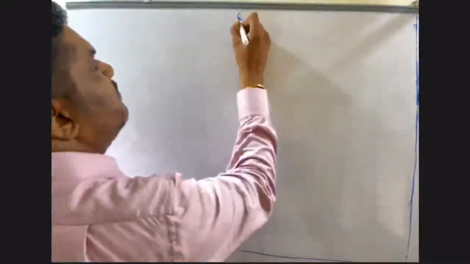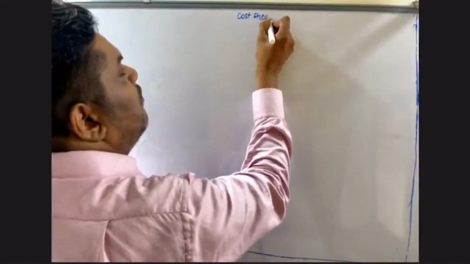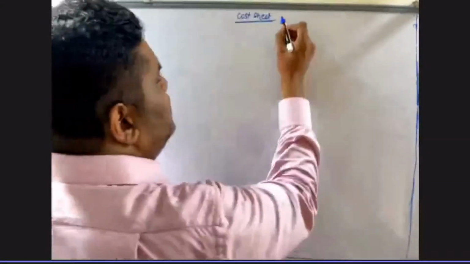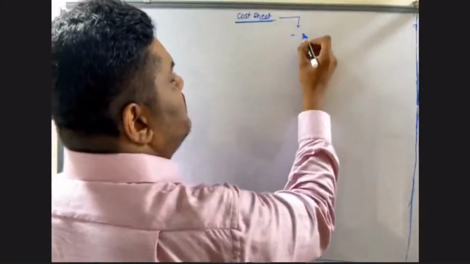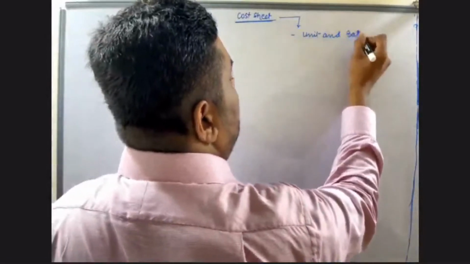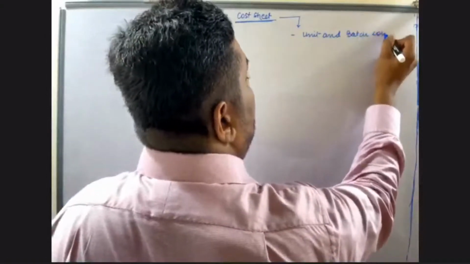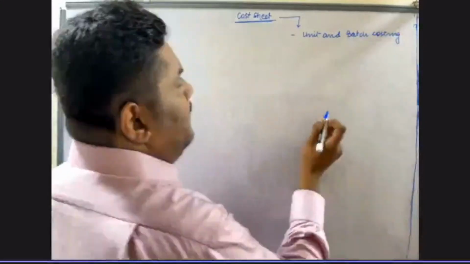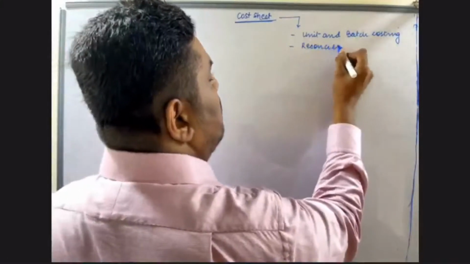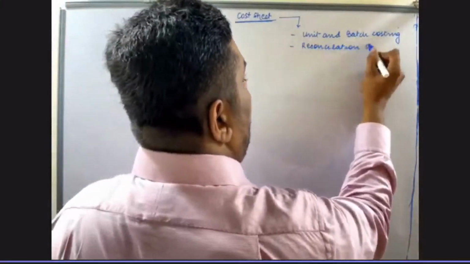Let's start with cost sheet. Now this chapter is the easiest chapter of syllabus. And further, this chapter is linked with two more chapters, that is unit and batch costing, and a part of method of accounting, that is reconciliation of cost and financial accounts.